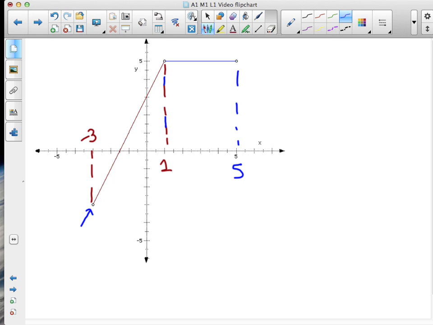So we'll learn more about interval notation, and we'll learn more about what those circles mean. But in this case, we can see that the intervals go from -3 to 1 and from 1 to 5. So being able to spot where your line is changing is the important part.